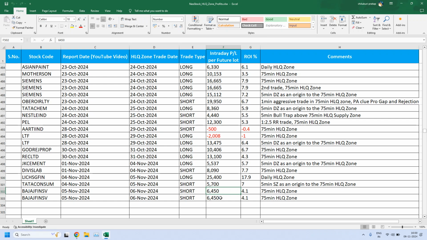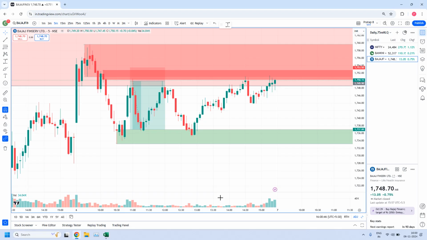After completing the first trade, the second trade started with the same capital. That means with the same capital today, you might have got 8.2% ROA. And we got only one zone yesterday, and the same stock today gave us 2 successful trades. So this is about Bajaj Finance.